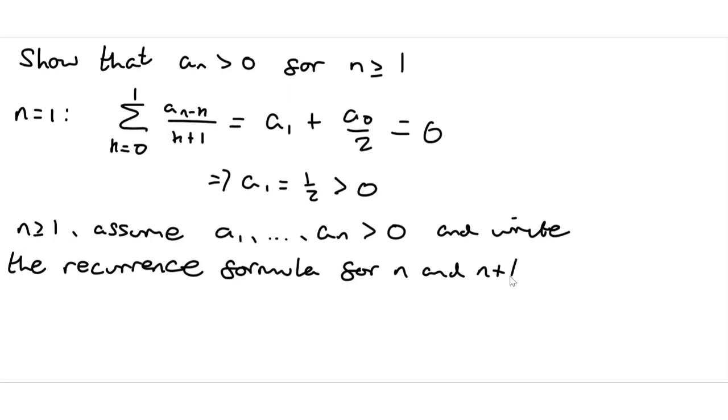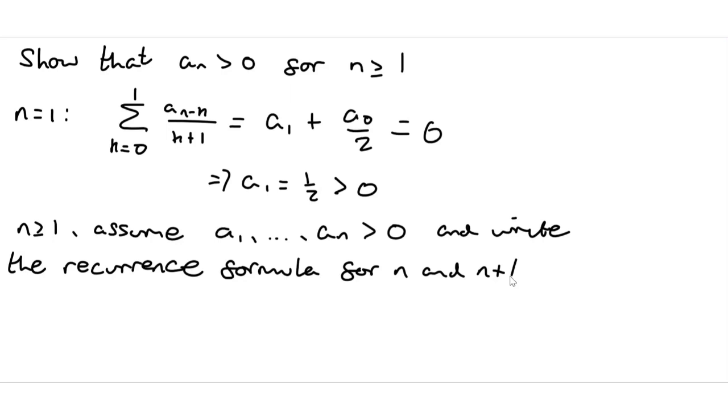The reason we do this is that we're assuming all these terms are positive for n, and then we're going to write out the condition that defines the a(n+1) term, and use the relationship between them, together with our assumption, to prove that a(n+1) must be positive.